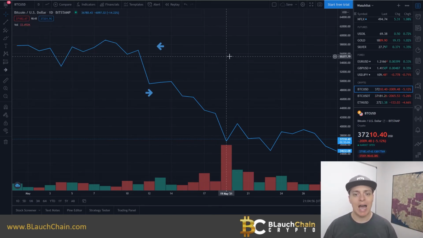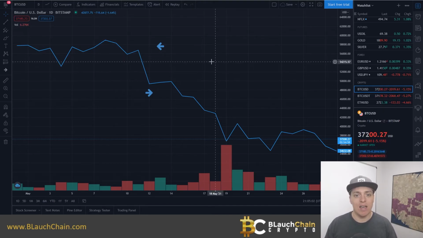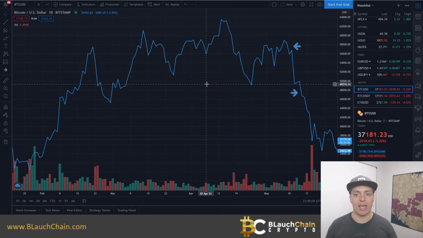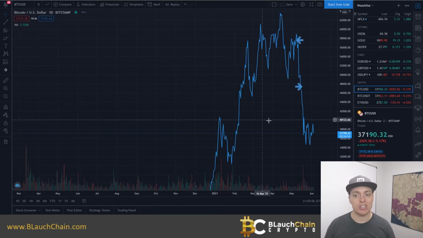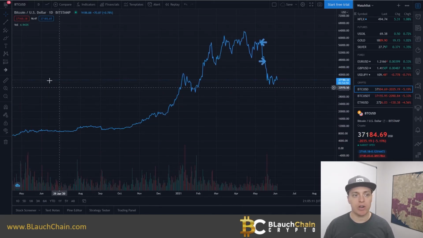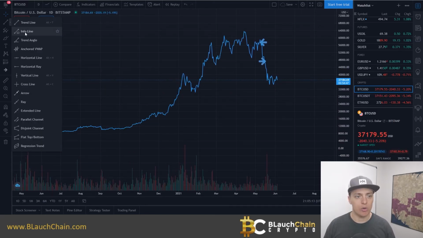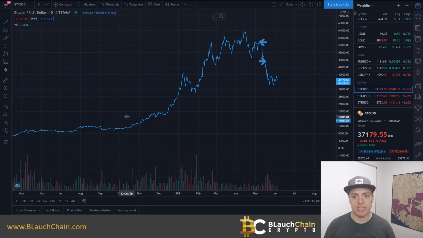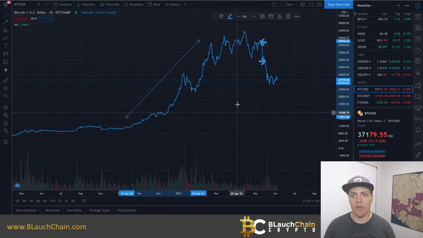The problem is I can't make a decision on what's happening when it's just a bunch of lines. I don't really see in the short term what's happening. Now, what can I do? I can zoom out. And this is actually pretty helpful in the long run, right? Because, oh, look, there's a very clear line here that allows me to see the direction of the marketplace, right?